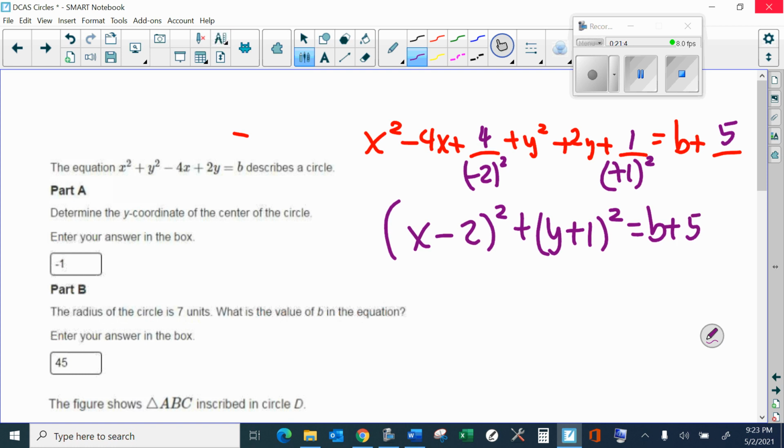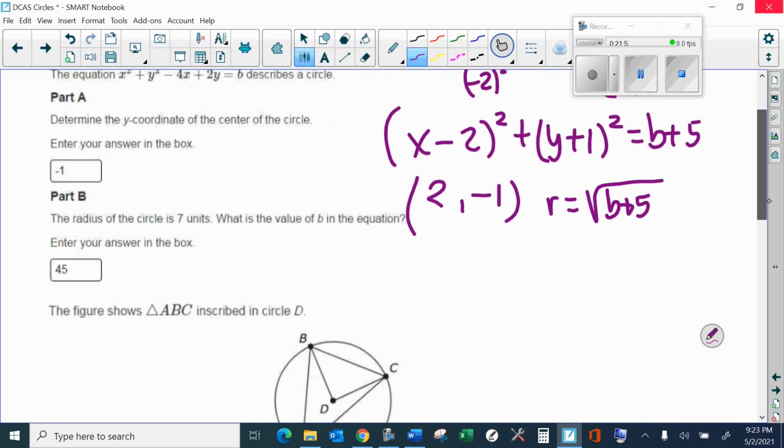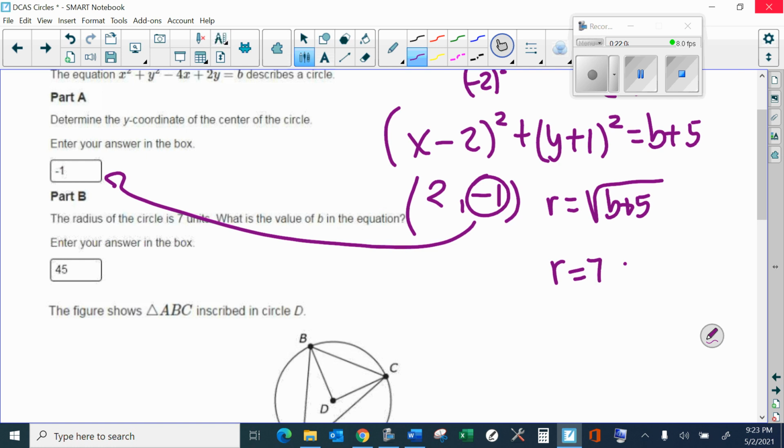Determine the y coordinate of the center. Well, we know it's the opposite sign, and the radius equals the square root of whatever b plus 5 is. The y coordinate is negative 1. We actually already had that in there. The radius of the circle is 7. So if the radius is 7, that means this right here had to be the square root of 49, which is 7.